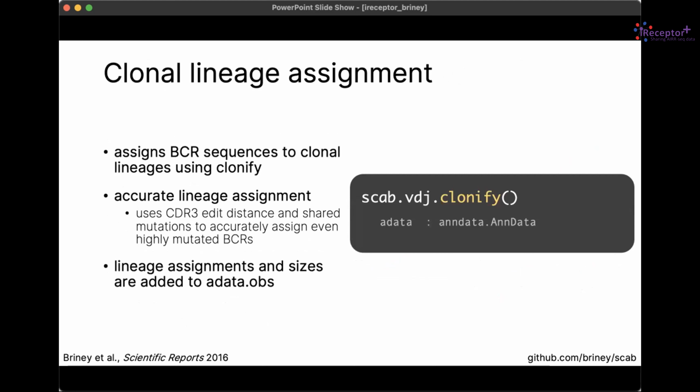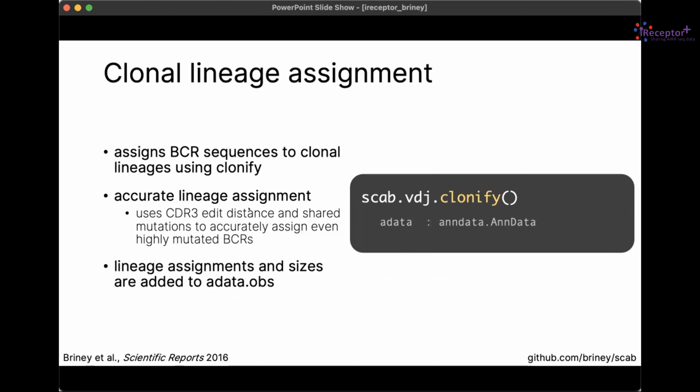The last big function that I'm going to talk about as part of SCAB is that we've also integrated Clonify, which is our tool for assigning BCR clonal lineages. This has already been published, so it's not a new tool, but integrating it into single cell data like this is nice, because it's one of the first things we'd like to do when looking at this data.